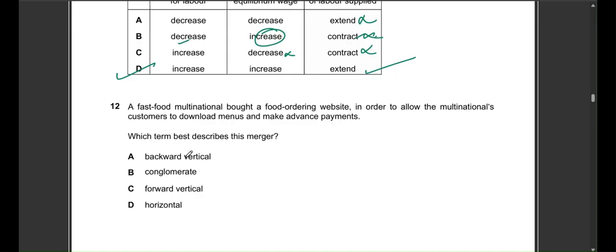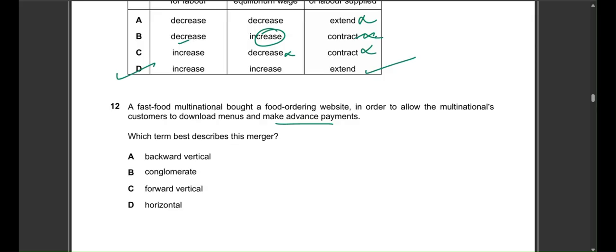Question number 12. A fast food multinational bought a food ordering website in order to allow customers to download menus and make advance payment. So which term best describes this merger? Option number A, backward vertical.